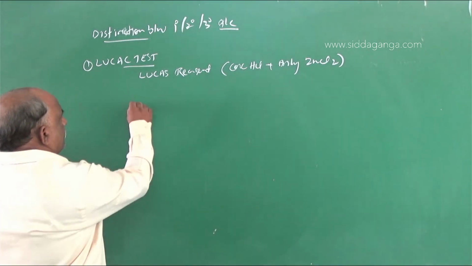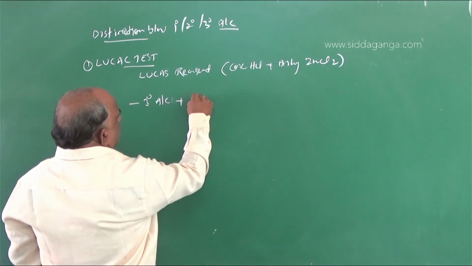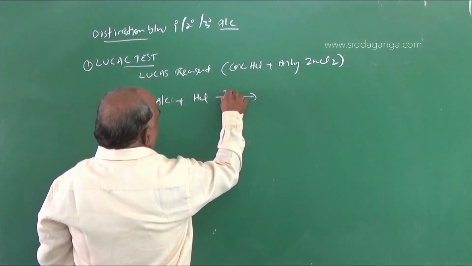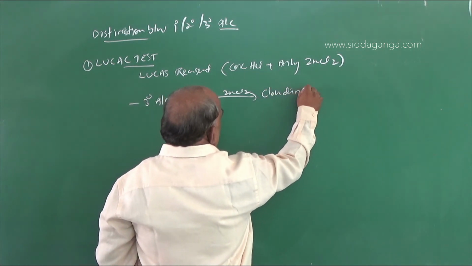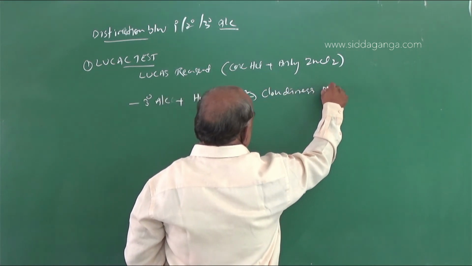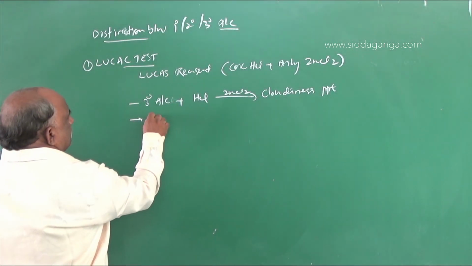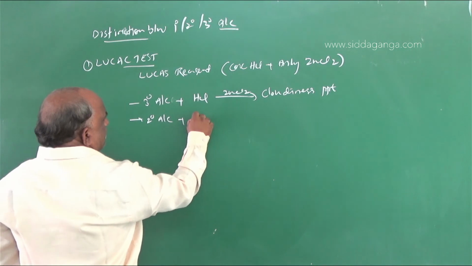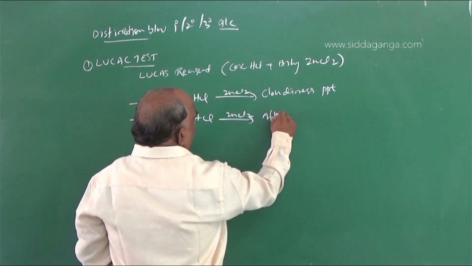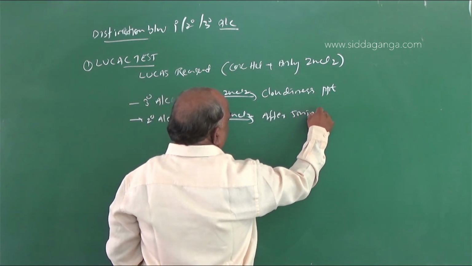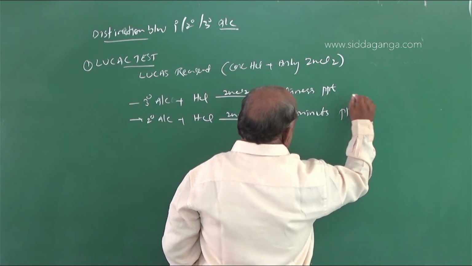So here remember, tertiary alcohol plus HCl, ZnCl2: cloudiness, that is nothing but precipitate. Secondary alcohols plus HCl, ZnCl2: after 5 minutes, white precipitate.